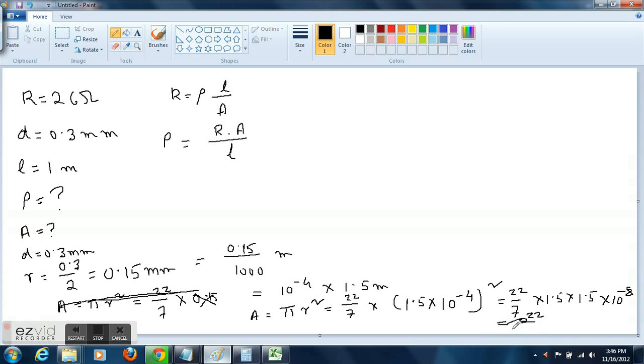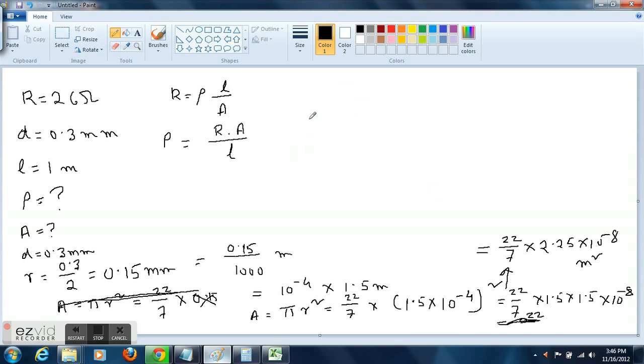Therefore, it is 22 by 7 into 1.5 into 1.5, which is 2.25, into 10 to the power minus 8 meter square. This is the area of cross section of the wire.